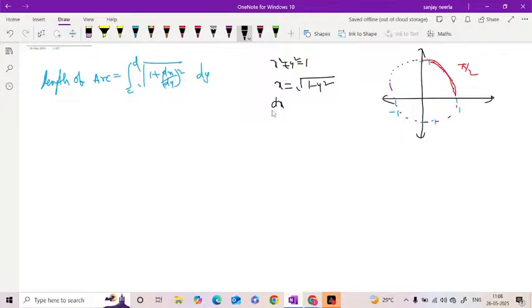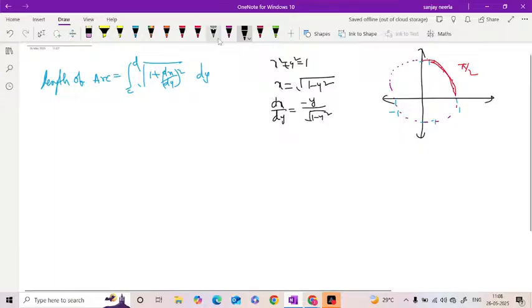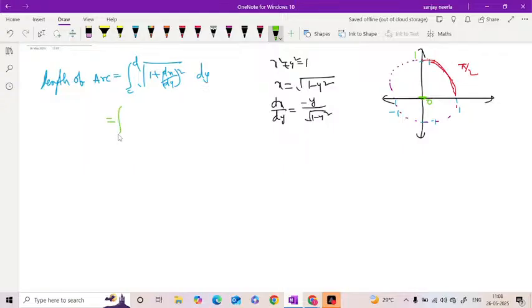After differentiating with respect to y, definitely you will get minus y by under root of 1 minus y square, like the previous. Now the y limits are 0 and 1. So integral 0 to 1 under root of 1 plus y square by 1 minus y square into dy.